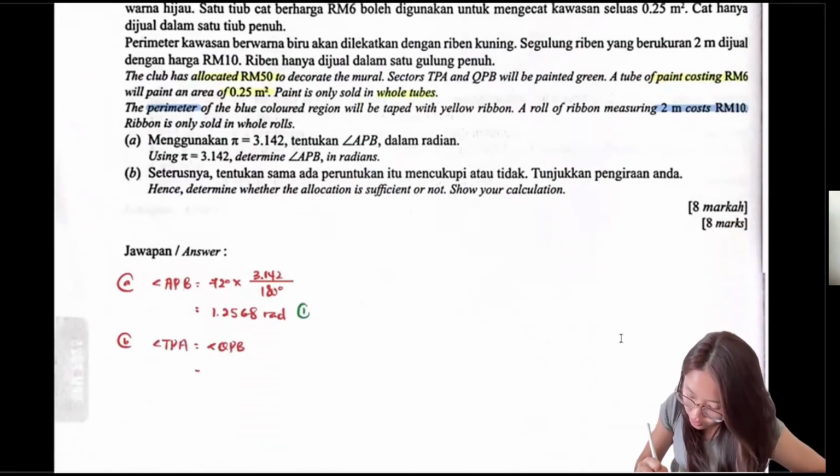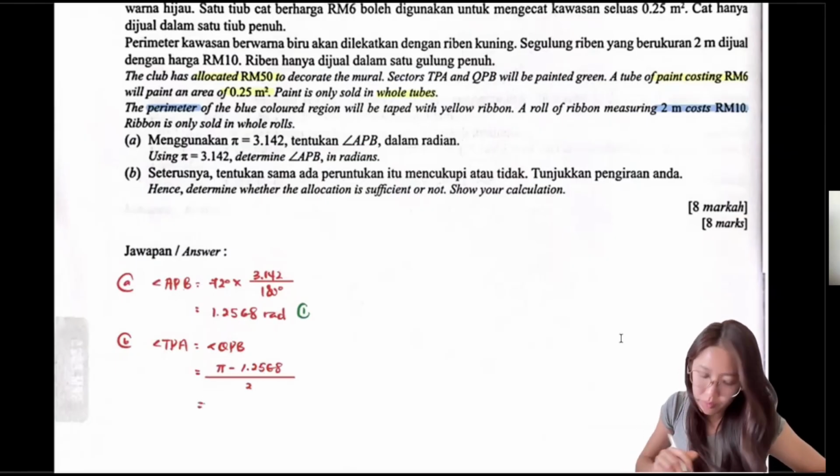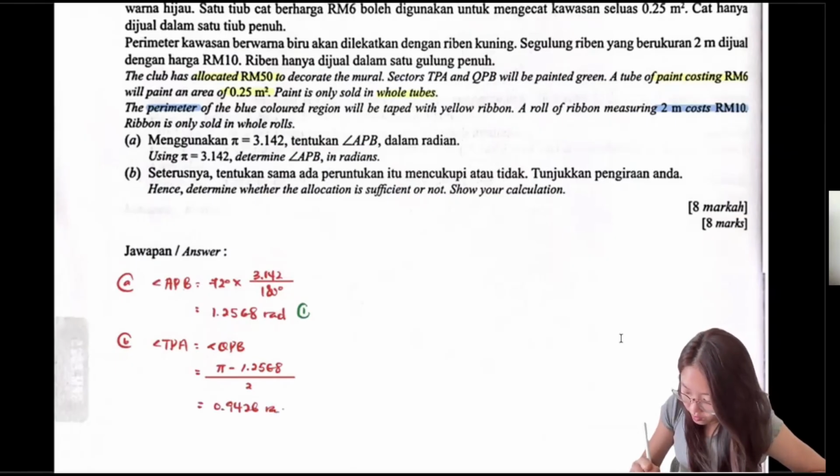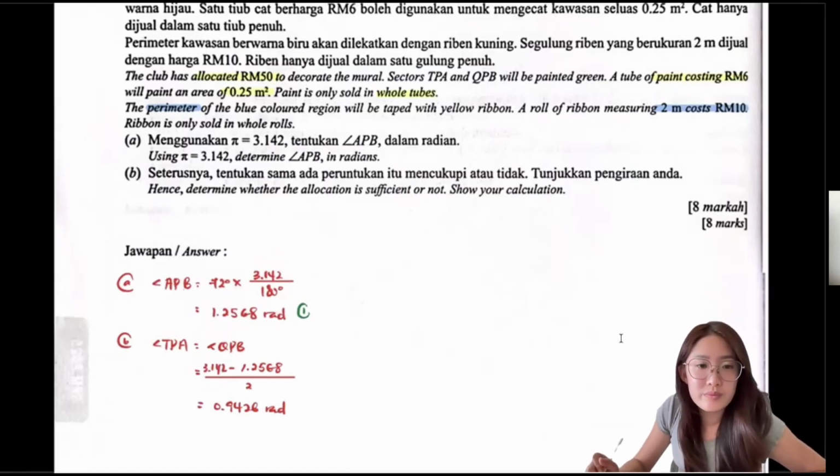You can write down like this for them. 180 degrees meaning pi, minus the 72 degrees in radian, just now they gave it to you, divide by 2, because your formula is all going to use radian. So might as well we just use radians. So 3.142 minus 1.2568, divided by 2. This gives you 0.9426 radians. In front, you don't want to write pi, you want to write 3.142, go ahead.